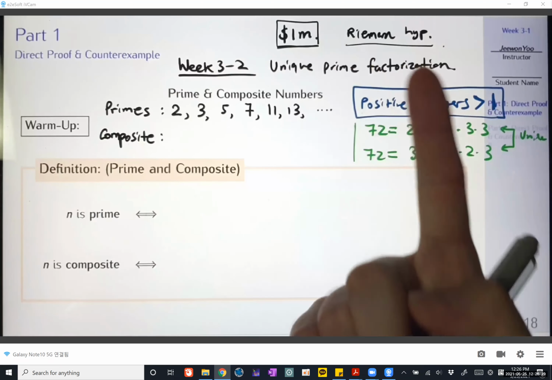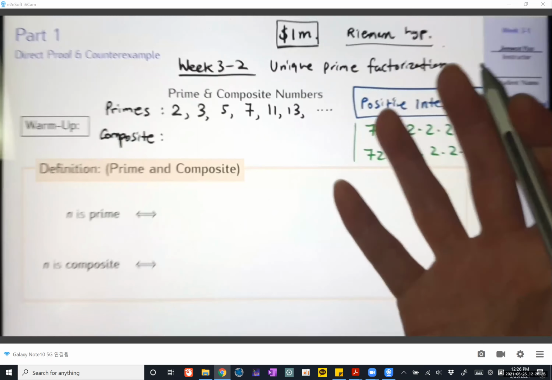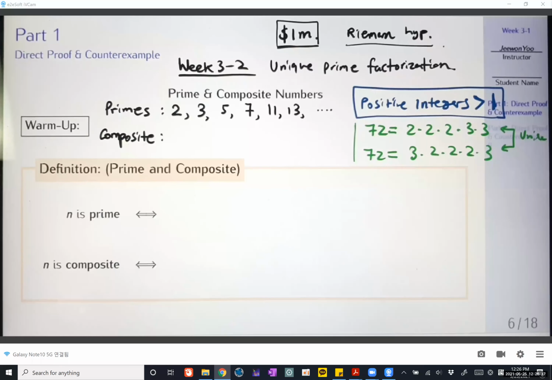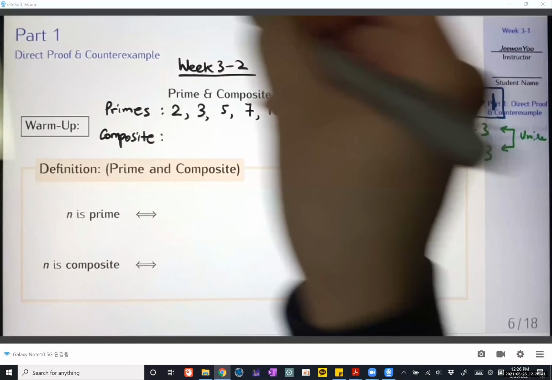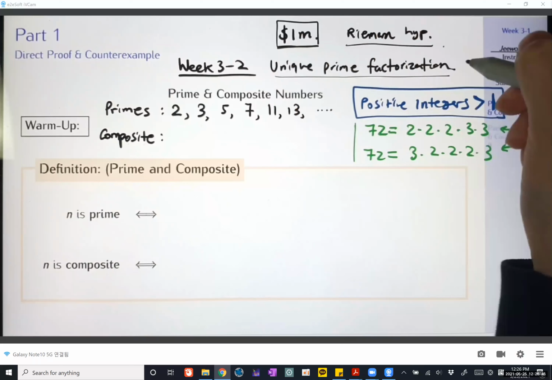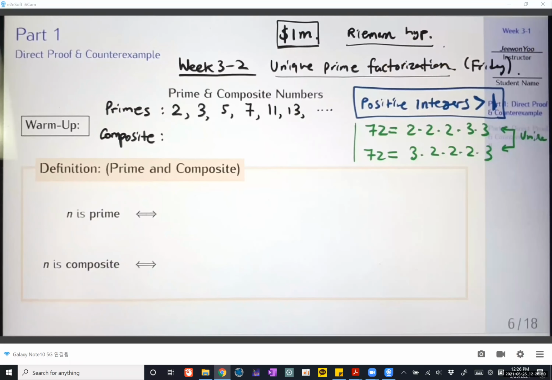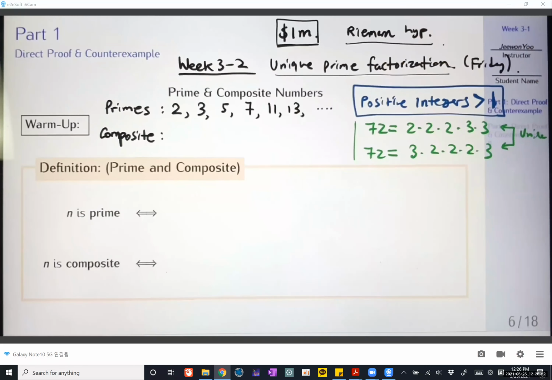However, if we consider 1 as a prime number, then this uniqueness will break. More detailed information about this will be discussed on Friday, when I really talk about unique prime factorization. And this video will be uploaded as soon as I finish.